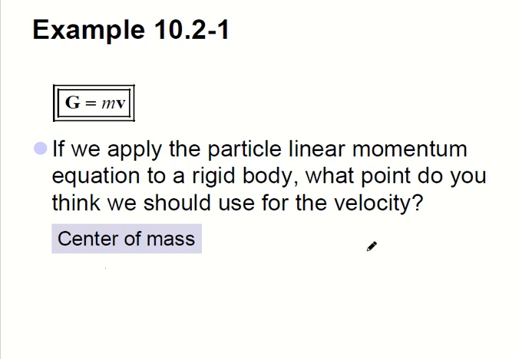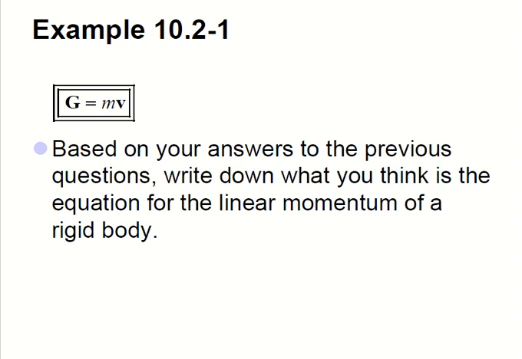Basically it's telling you that when you apply the particle linear momentum equation to the rigid body, you have to use the point where your center of mass is for the velocity. That's a typical thing that we do. Always pick the center of mass to handle the particle linear momentum equation in that rigid body.